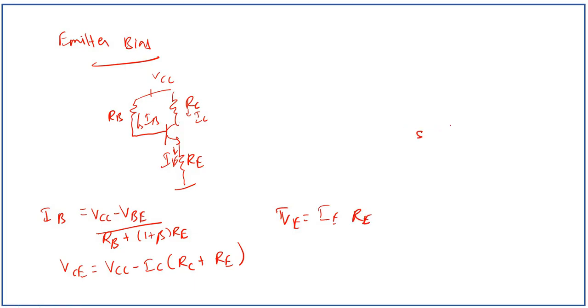Stability factor S is equal to 1 plus beta by 1 plus beta into RE by RE plus RB when we do dou IB by dou IC. So the next type of biasing is voltage divider bias or self bias.